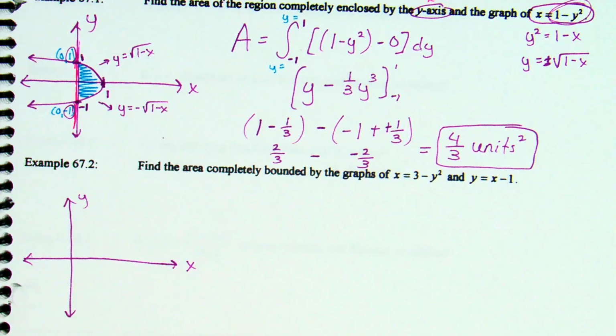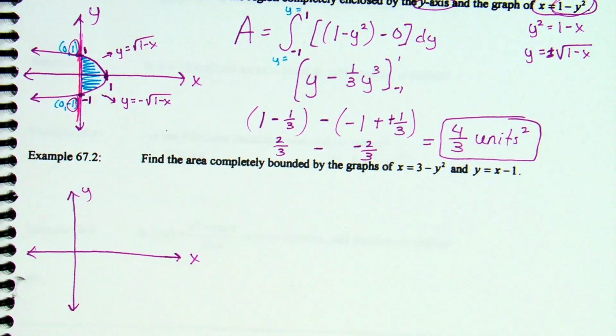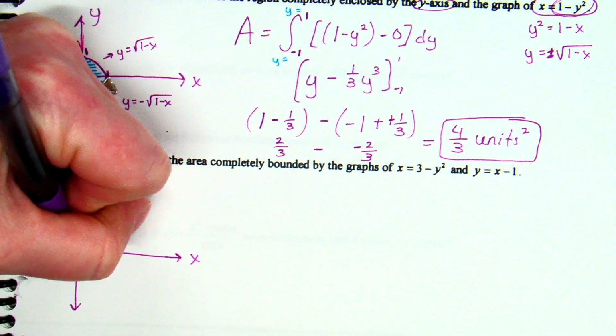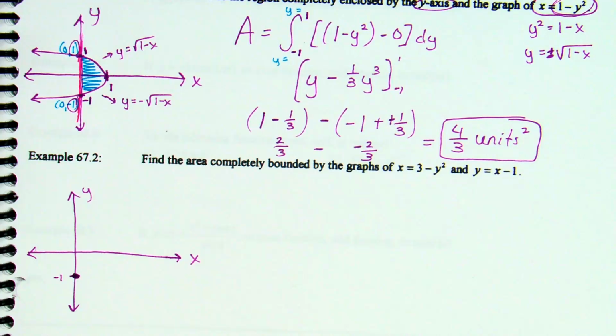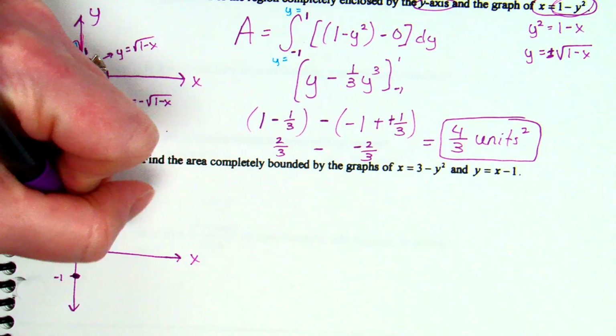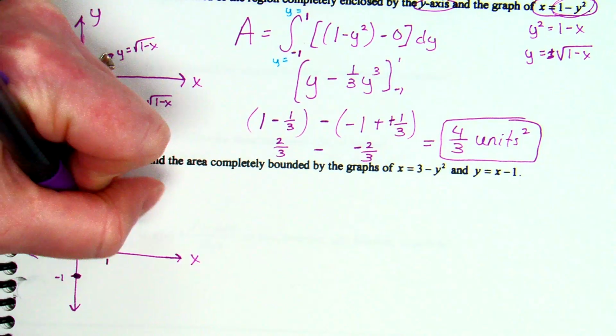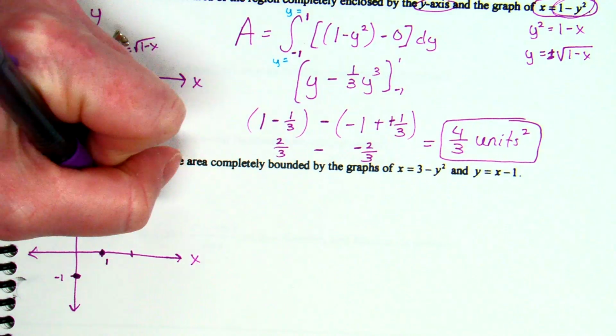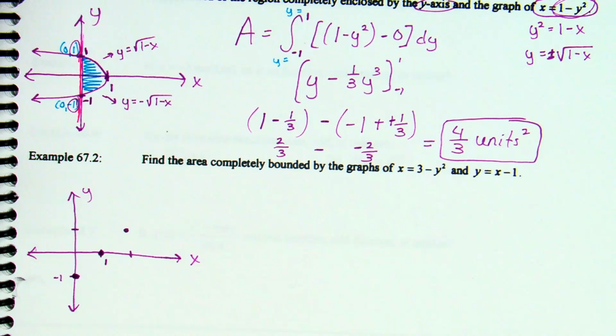Y equals x minus 1 has a y-intercept of negative 1, and it has a slope of 1. So what's that mean? Over 1, up 1, so it's going to go through 1. If you go up again, up 1, over 1, it ends up going through 2, 1. Does that make sense? And you can keep going as far as you need it to.